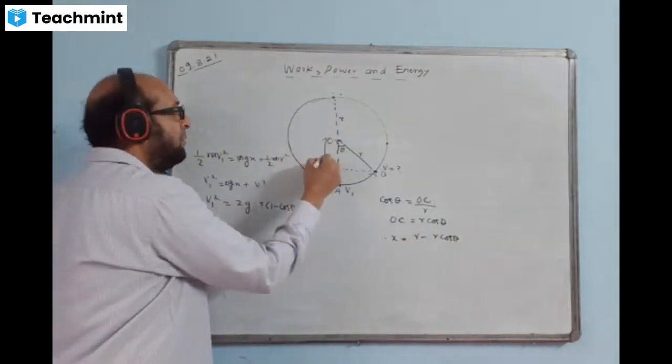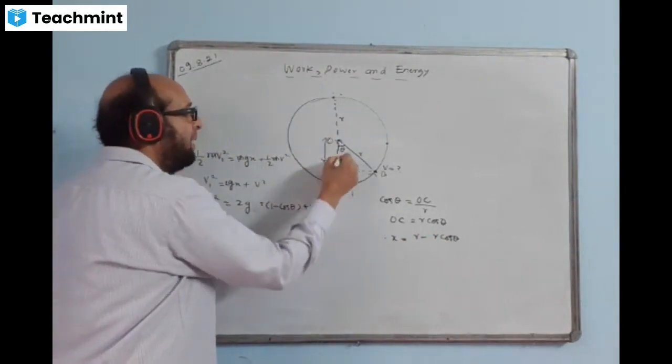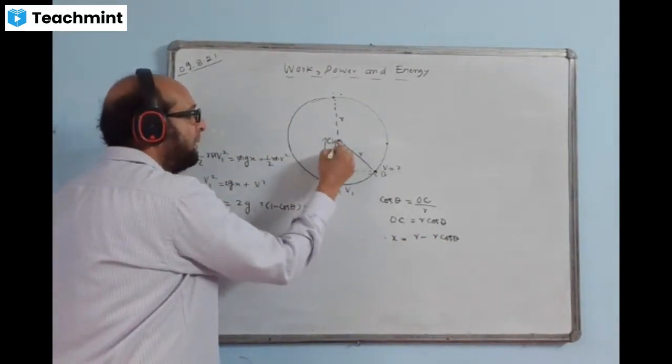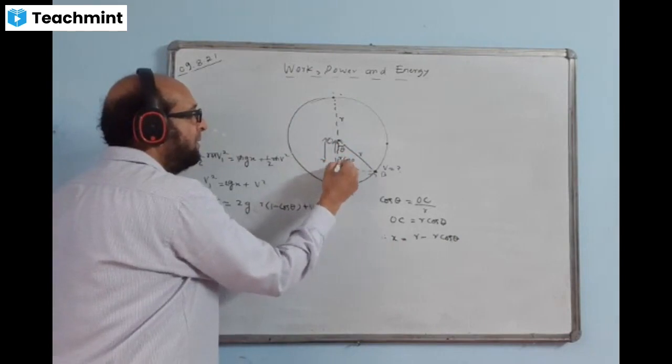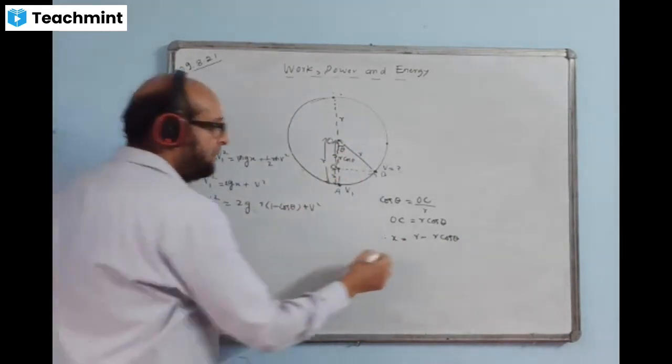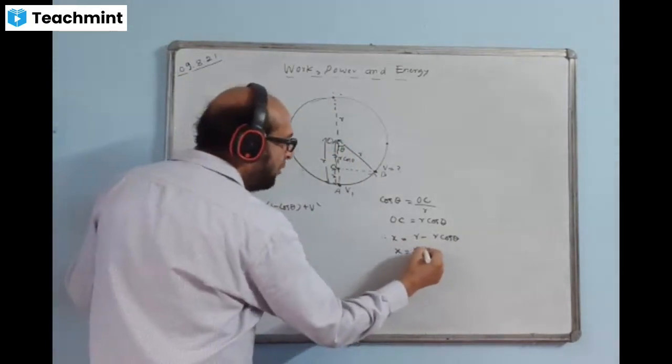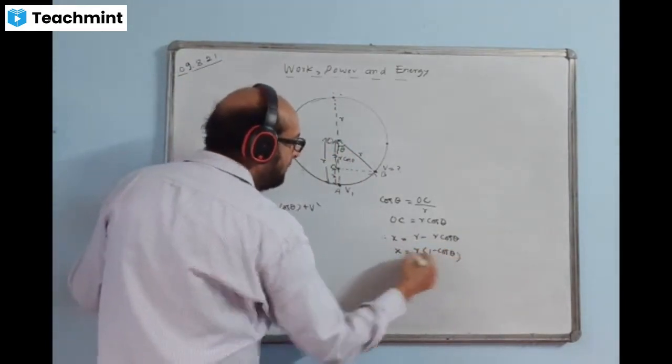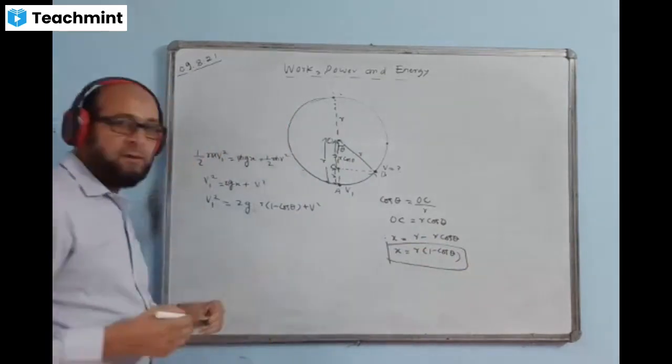The whole thing is R, no? And this much is R cos theta. Taking R common, you get R bracket 1 minus cos theta. So this is the value of height.